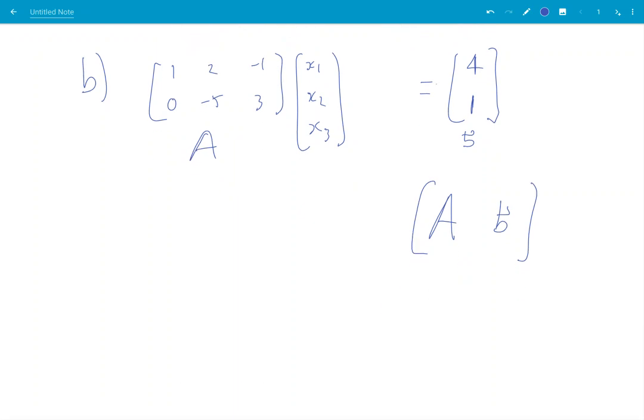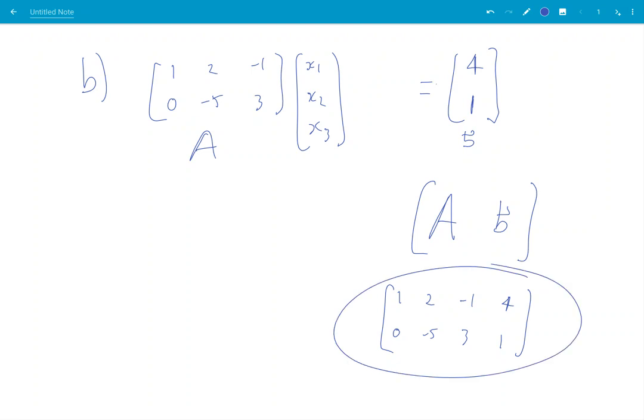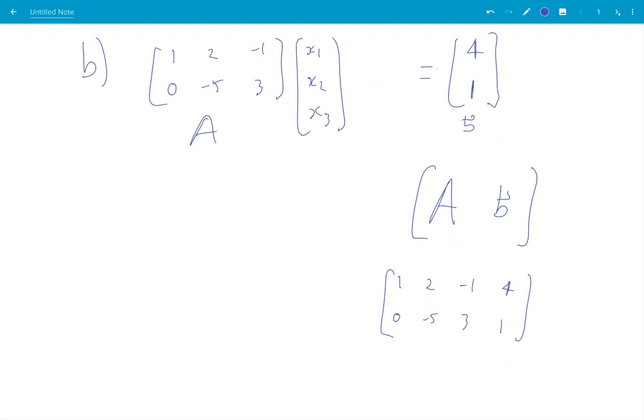Or in this case, you have this matrix (1, 2, -1; 0, -5, 3) and you augment it with the (4, 1) right there. It's yet another way to think about the system. We use this one the most because we can row reduce that matrix also.